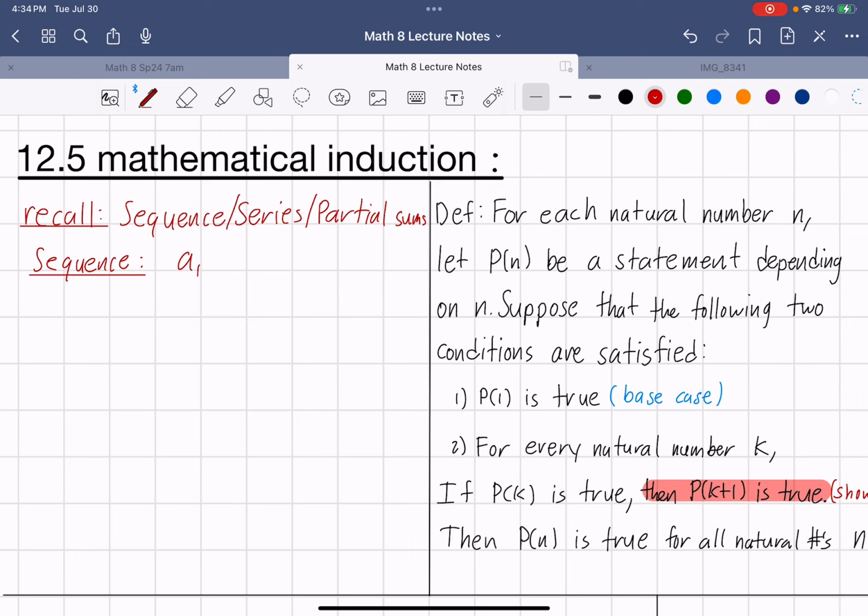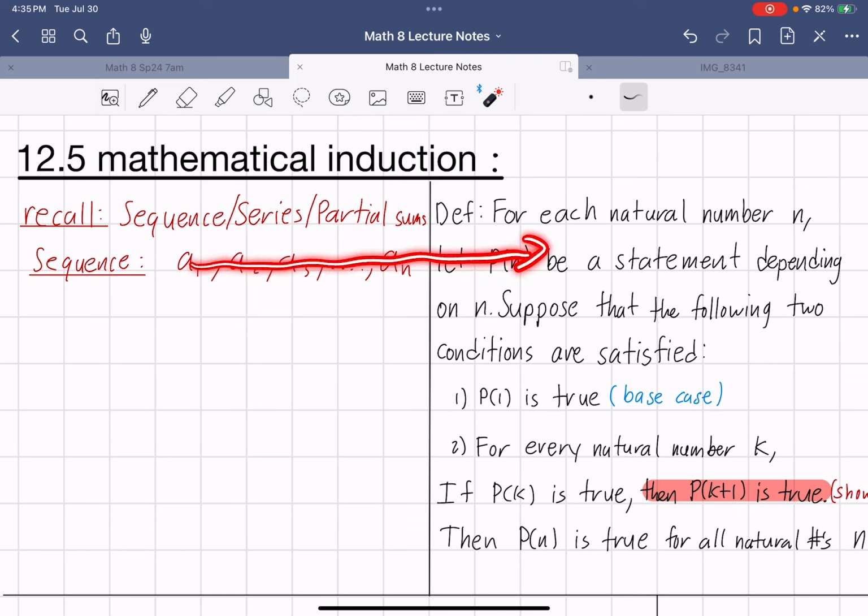We can have a sub 1, a sub 2, a sub 3, dot, dot, dot, a sub n, where the dots just mean you continue. The reason we use subscripts is that we don't know how long this sequence is going. Using A, B, C, D, there are only 26 letters in the alphabet, but with subscripts, there's an infinite amount of numbers.